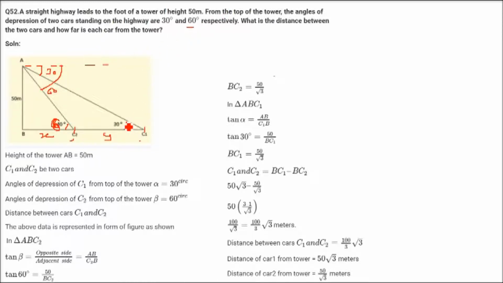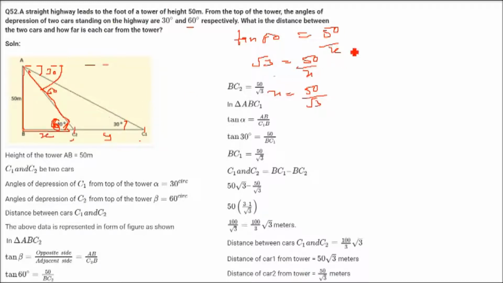So first let us take this triangle, tan 60 degree. Tan 60 degree will be 50 by x. So 50 is perpendicular, x is base. Tan 60 is root 3, is 50 by x. So x will be equal to 50 by root 3. So this is our first thing which we wanted to find out, x.